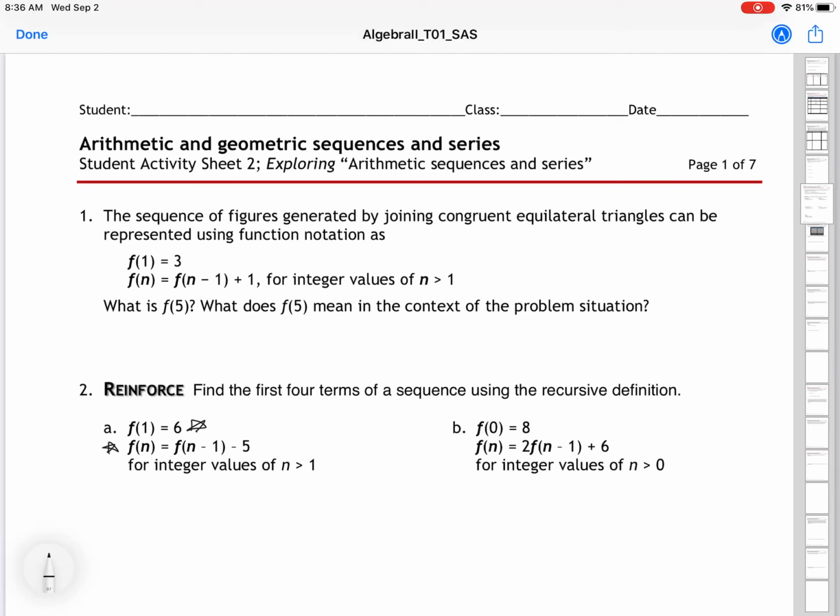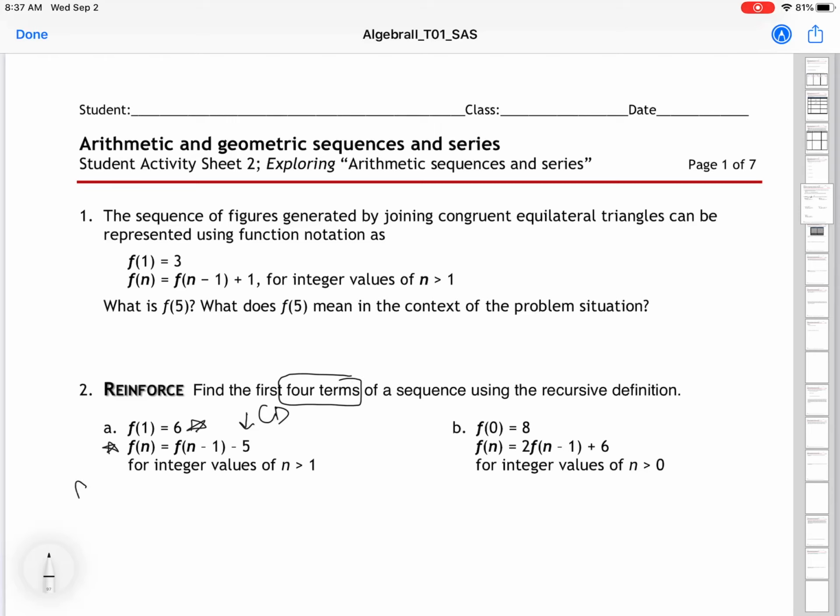My common difference in this case is minus 5. We're going to start from the beginning because it says for integer values of n greater than 1, and we're looking for the first 4 terms.